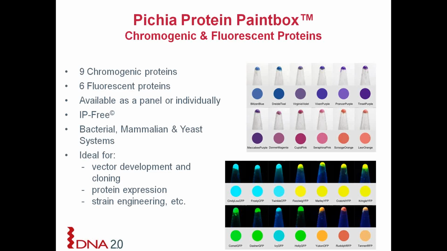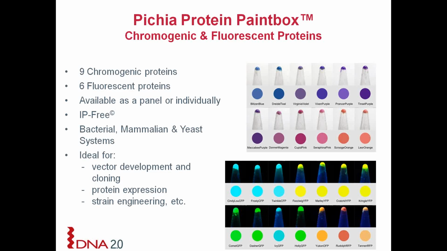These are very useful for screening in E. coli. For fluorescent proteins, we have these available in mammalian, yeast, and E. coli, and we've done quite a bit of characterization work on our RFPs and GFPs. We have quantum efficiencies for all the colors available, and they're very high compared to other industry standard fluorescent proteins.